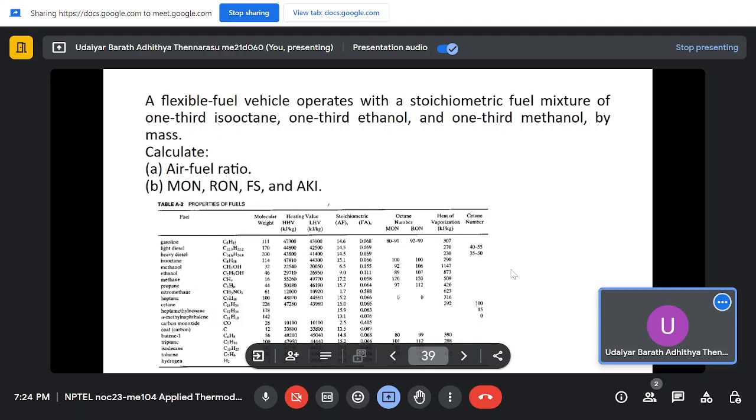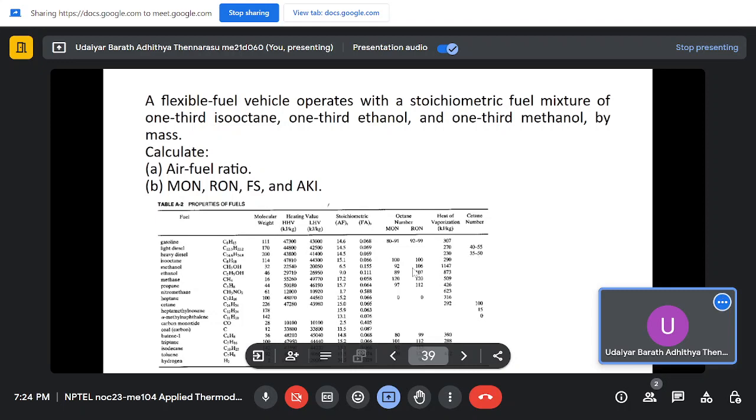Next we have to find the motor octane number and research octane number, fuel sensitivity and anti-knock index. From the table, for isooctane the MON is 100 and the RON is 100. Methanol is 92 MON and 106 RON. Ethanol is 89 and 107.